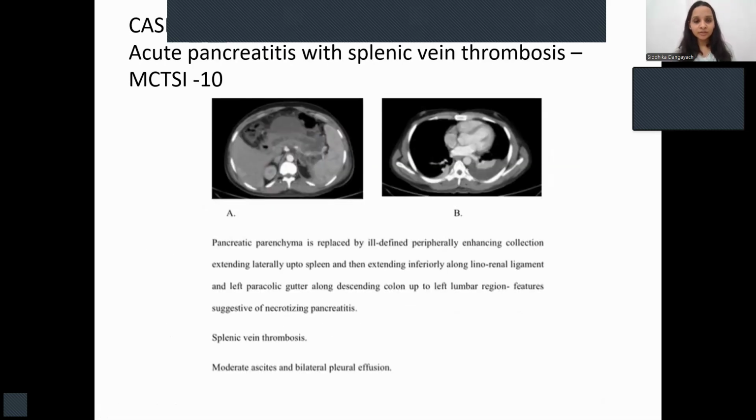Next case, where the pancreatic parenchyma is replaced by an ill-defined peripherally enhancing collection extending to the spleen, the inferior lienorenal ligament and the left paracolic gutter. These were features suggesting necrotizing pancreatitis. We can also see a filling defect in the splenic vein, which was found to be splenic vein thrombosis, along with mild to moderate ascites and bilateral pleural effusion. It was found to be acute pancreatitis with splenic vein thrombosis with a modified CT severity index of 10.